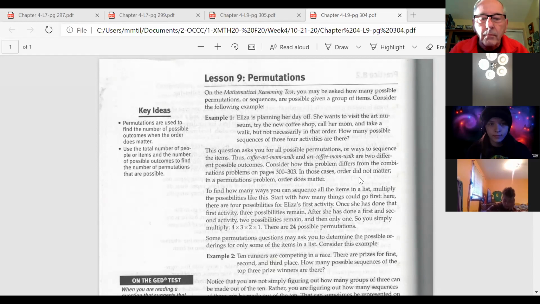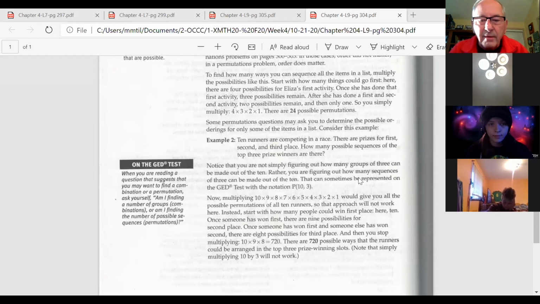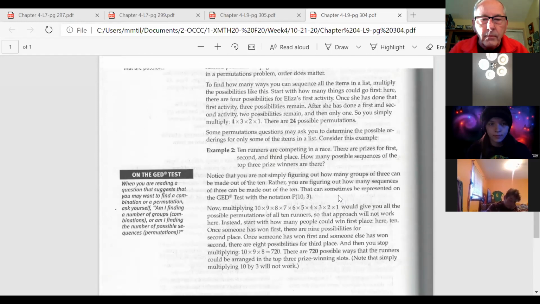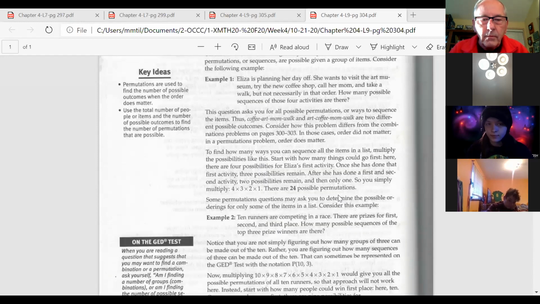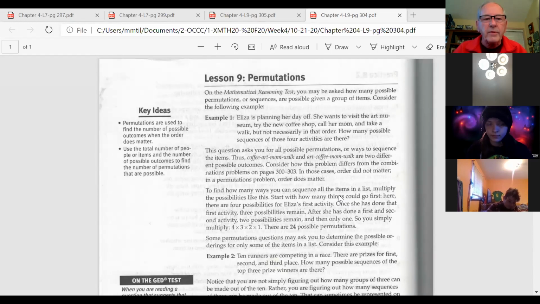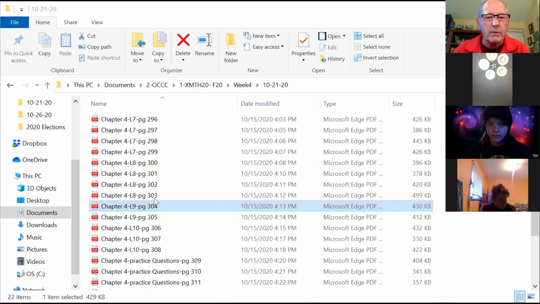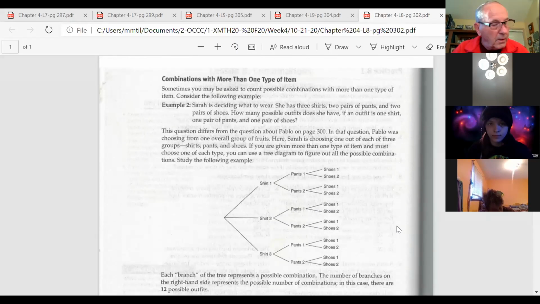Both of these, all they're talking about is why is that a combination problem when we're talking about permutations? It doesn't make sense. Let me go to the book. Okay. Here's combinations.